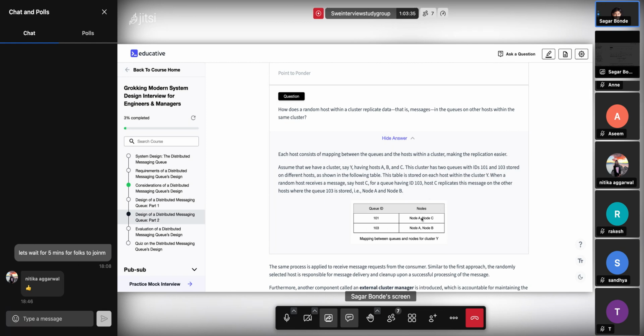It will wait for the acknowledgement that the message is successfully stored in A as well as successfully stored in B. If the message is successfully stored in A and not in B, then it will retry sending that request to B again and again until B successfully stores it. So whichever host receives the request, it's the responsibility of that particular node to store that request. Make sense? Yeah.